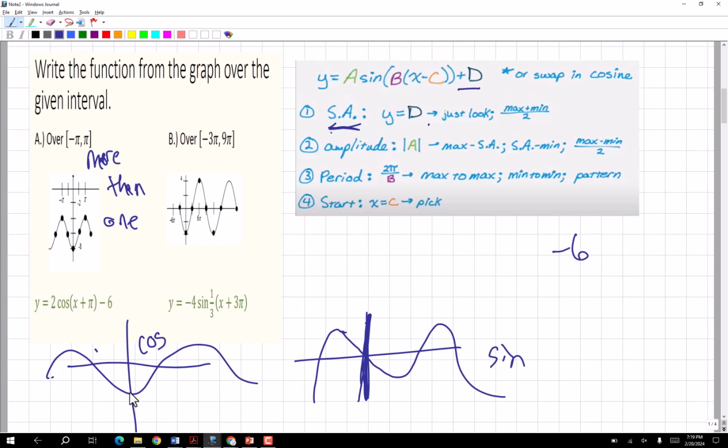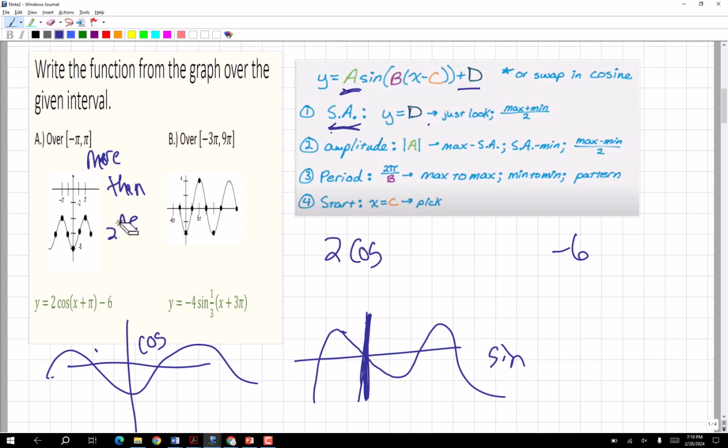So I'm going to note that this is cosine, and I'm going to look for the amplitude. This goes from -8 to -6 to -4. The regular amplitude is 1, but this amplitude is 2. So I need an amplitude of 2.